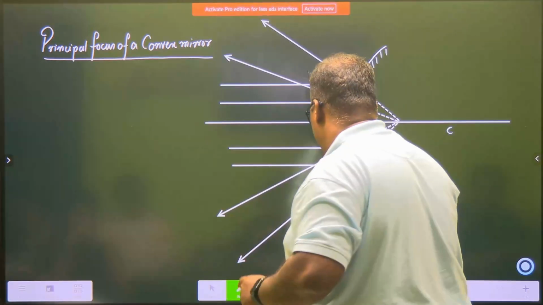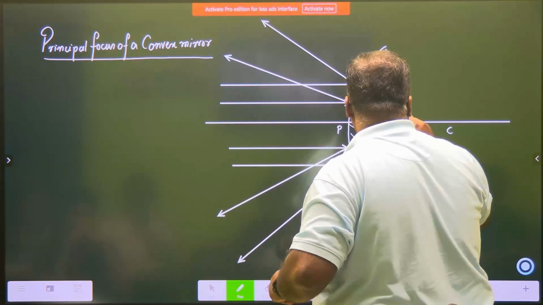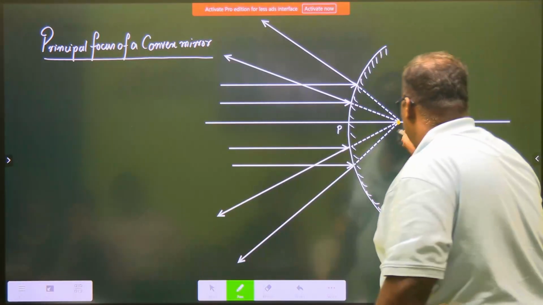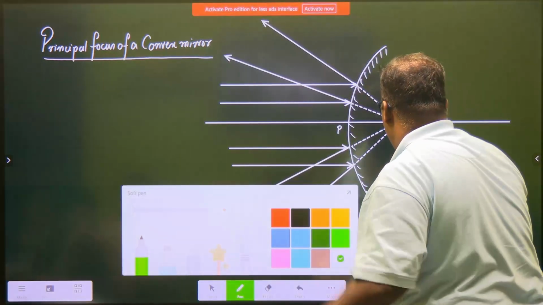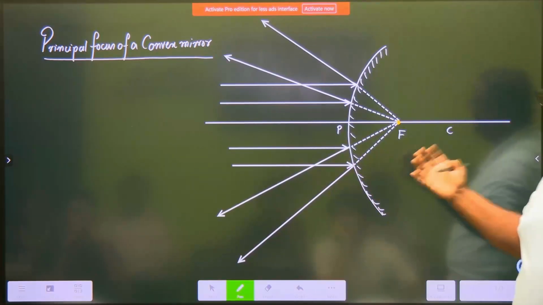And what I do now is that I encircle this portion now, and this is called the principal focus. I'll give you all time, just hang on. Principal focus of a convex mirror.